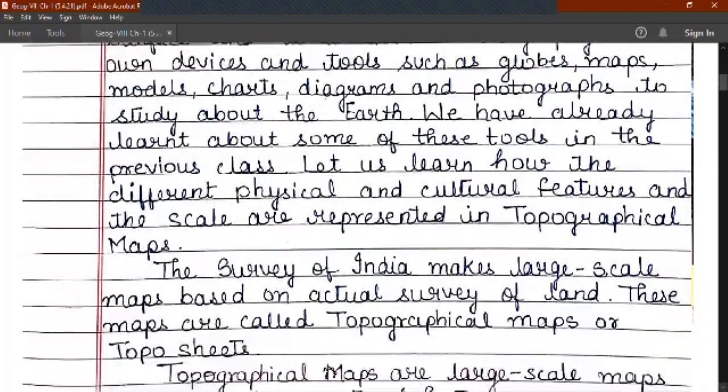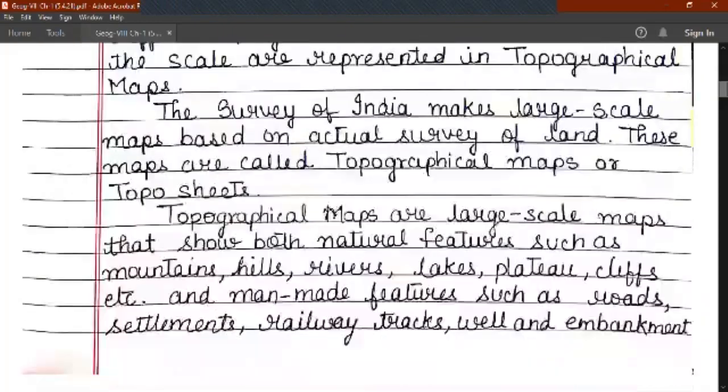The Survey of India makes large-scale maps based on actual survey of land. These maps are called topographical maps or topo sheets.